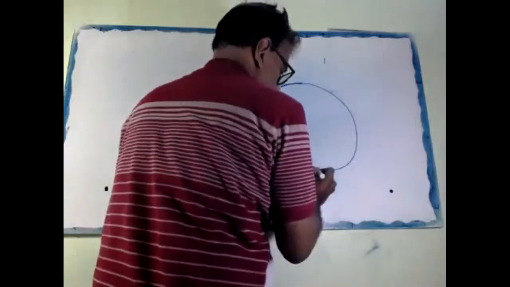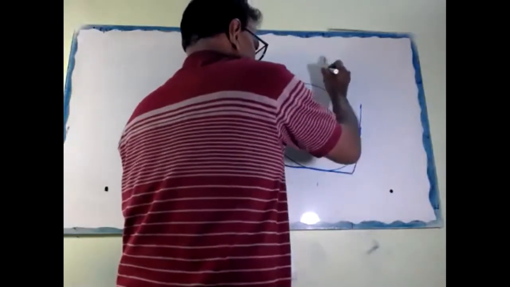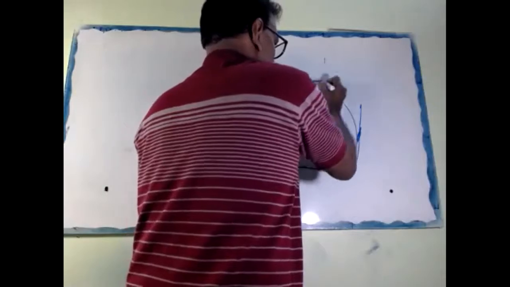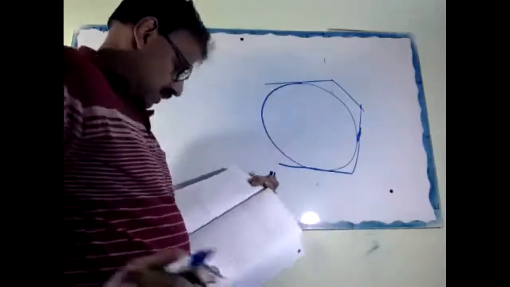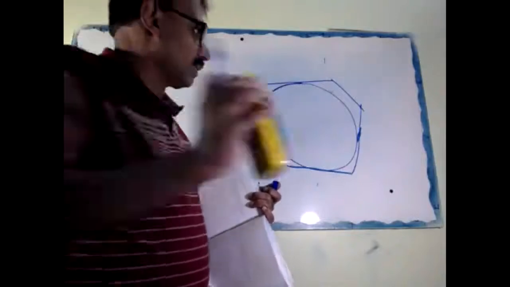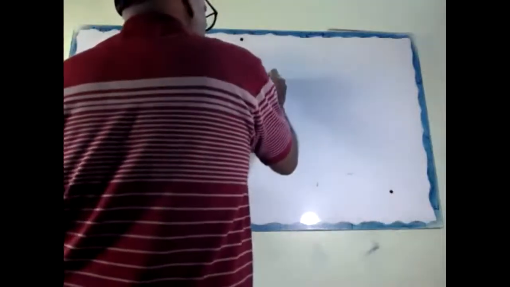Okay, here it's not exact, we draw an exact figure. It's not like this. Okay, look here. What to draw? Draw a circle.